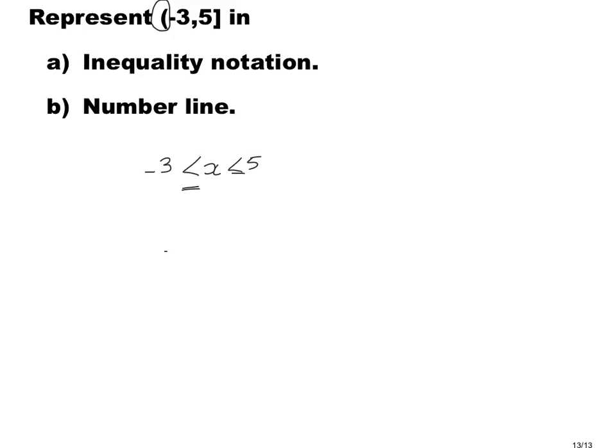And in the number line, if this is 5 and this is -3, we know that 5 is included, so I have a filled circle there. But here I have a circle which is not filled because -3 is not included. And then everything in between is included.